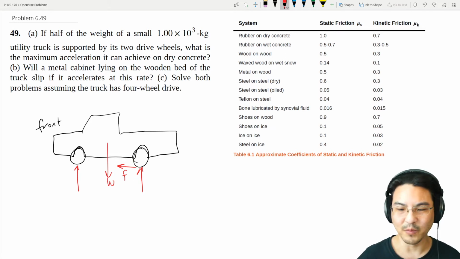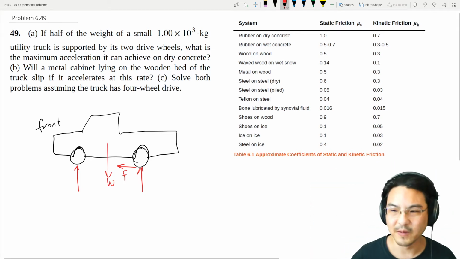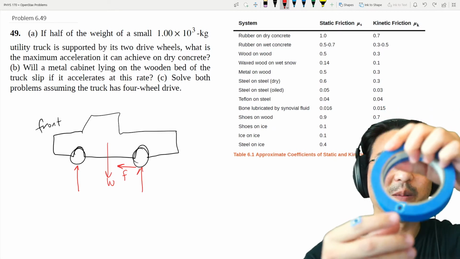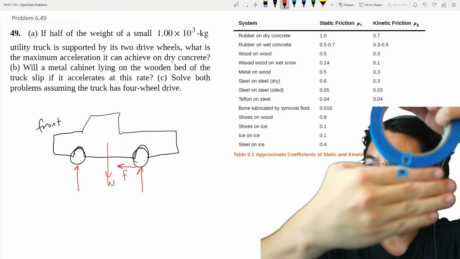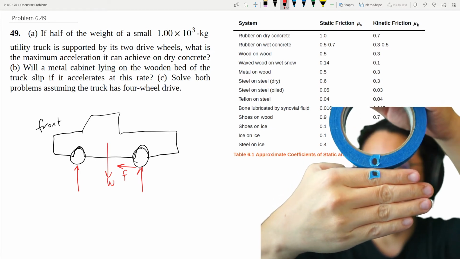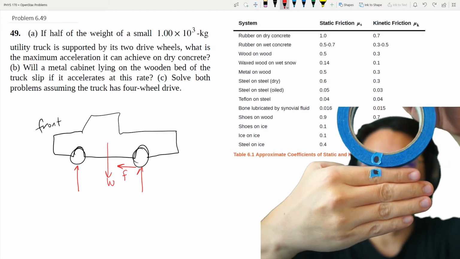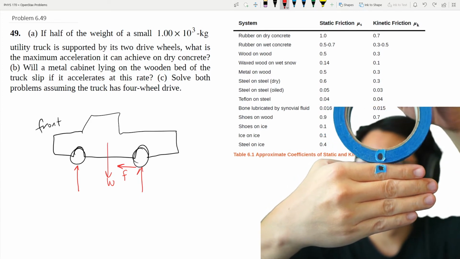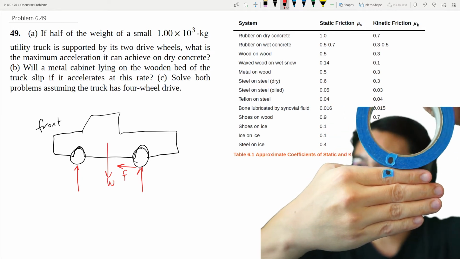So let me bring up a little demo here. Okay, so let's say I have this roll of tape. Imagine that's the wheel, and my hand is the ground, and I put a little dot on the wheel and a dot on my hand. Imagine the dot on the roll of tape is a molecule of rubber in the tire, and the dot on my hand is a molecule of concrete in the road.